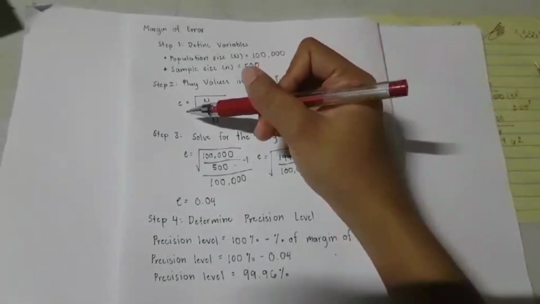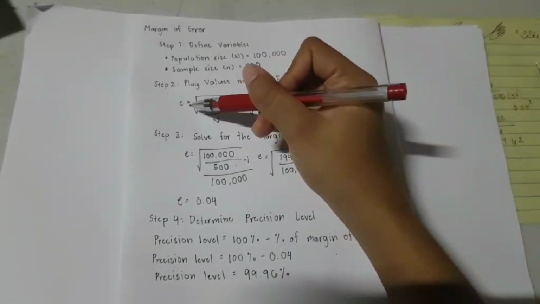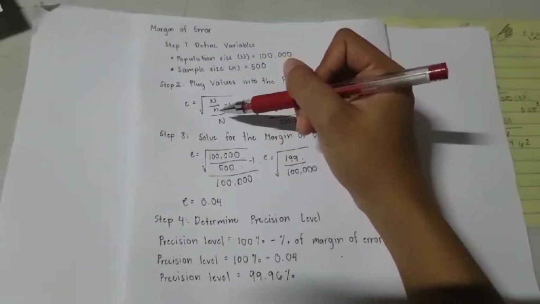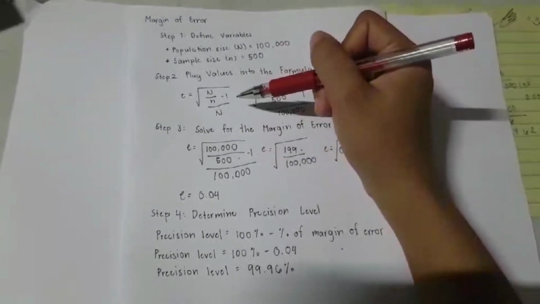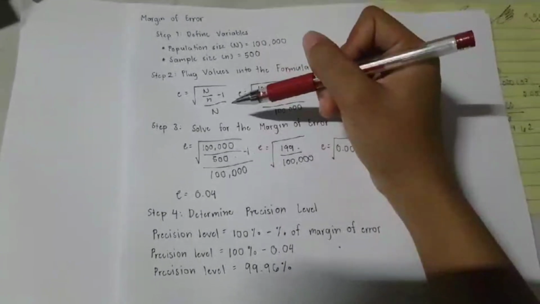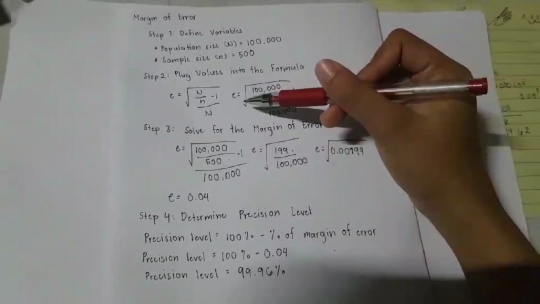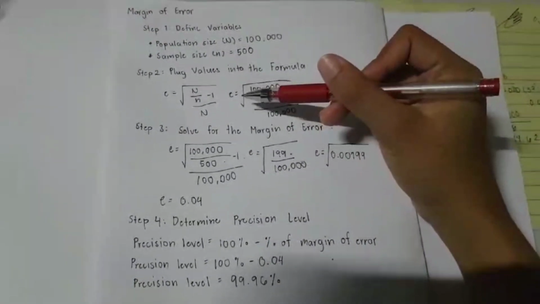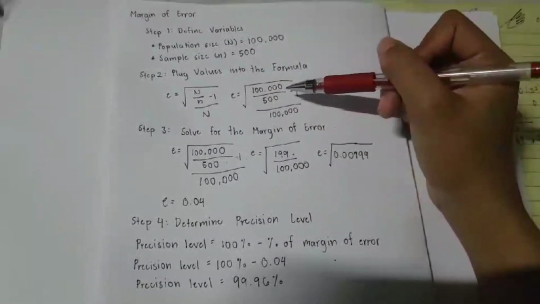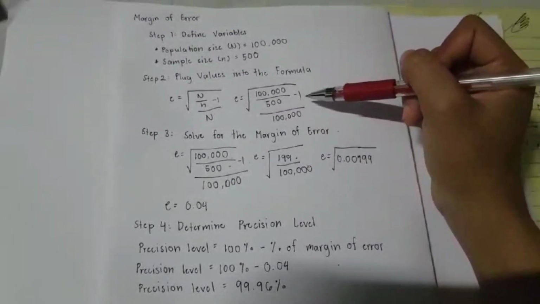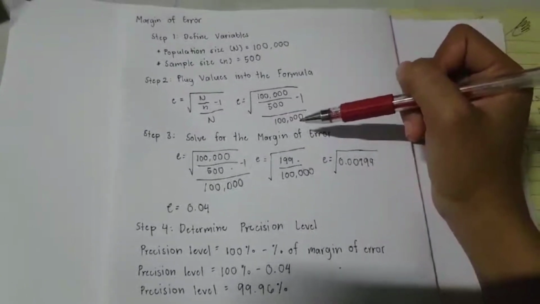Our formula is E equals square root of population over sample subtracted by 1 over population. E equals square root of 100,000 over 500 subtracted by 1 over 100,000.